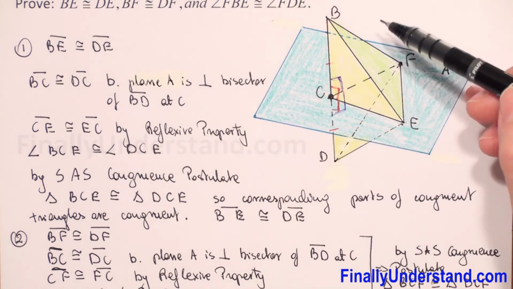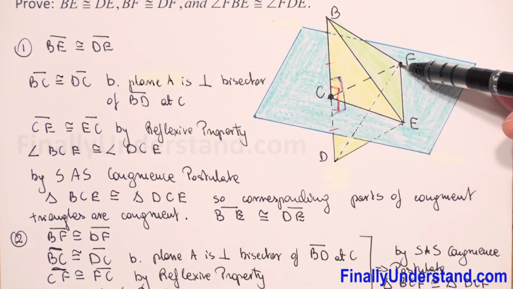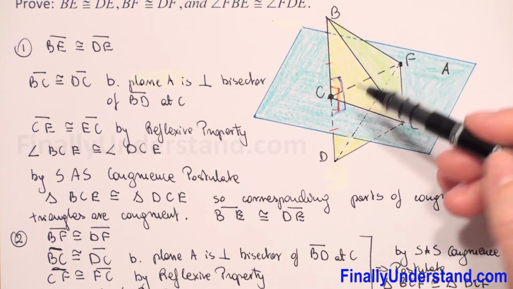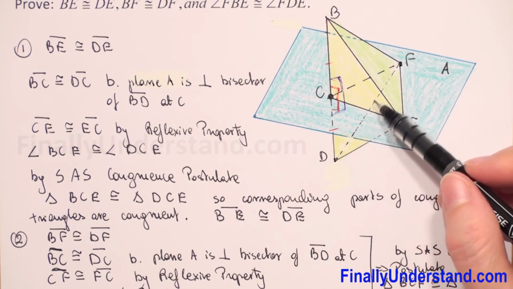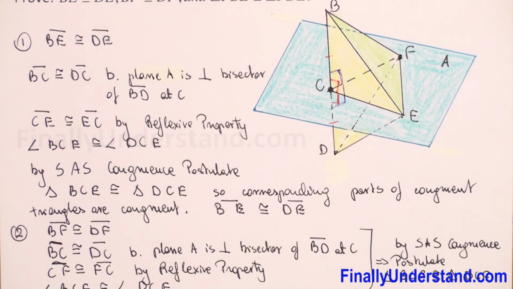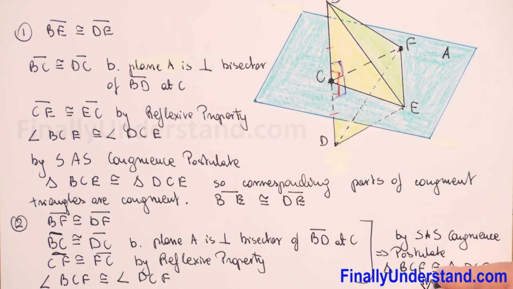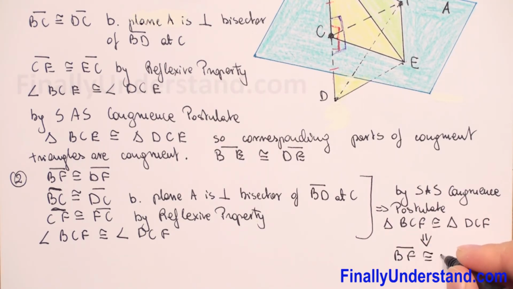It means that BF segment is congruent to DF segment.